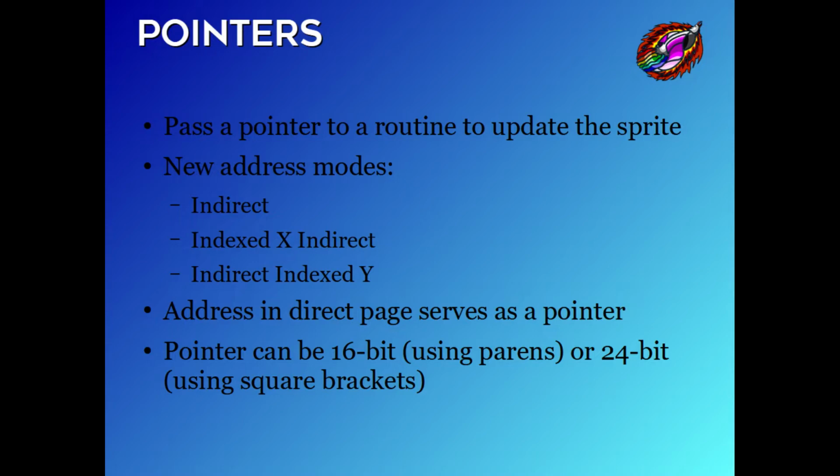And the operand is indicating an address in direct page, and the data in that location is serving as a pointer to some other location in memory. In the 65816, these pointers can be either 16 bits wide or 24 bits wide. And we'll be using, in the assembly syntax, parentheses to indicate 16 bits and square brackets for 24 bits.